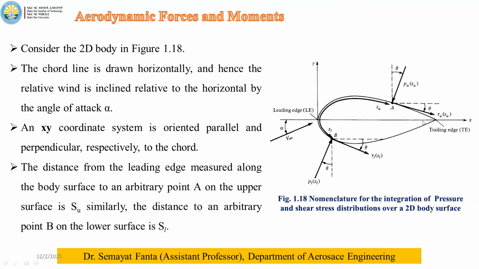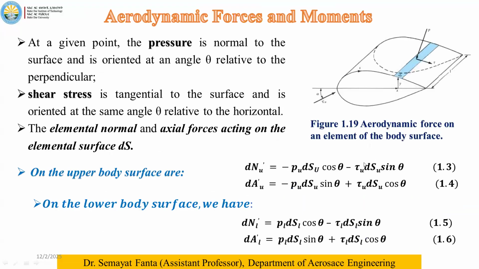And the shear force is in the forward direction, in this direction, so it is plus. Look, we resolve it from this point to here, so it is in the x direction. So plus here. Similarly, on the lower body surface, we have N_L and A_L.